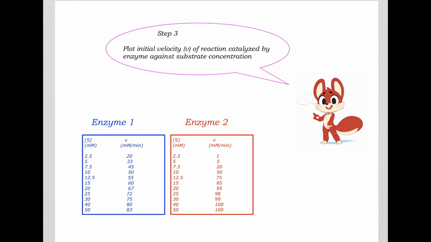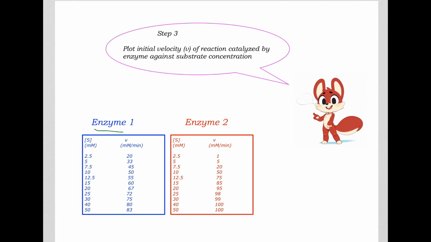Once we have the initial velocity at various substrate concentrations, we now plot the initial velocity V against the substrate concentration S. So here are two sets of data.